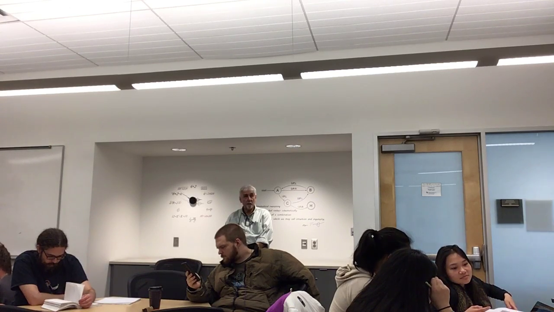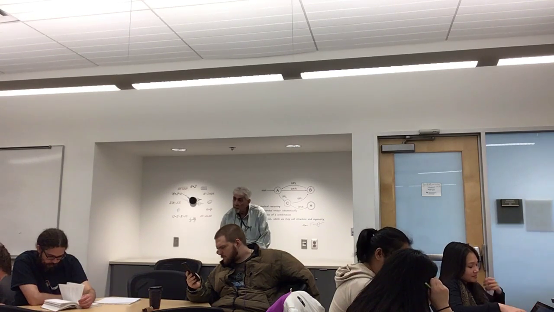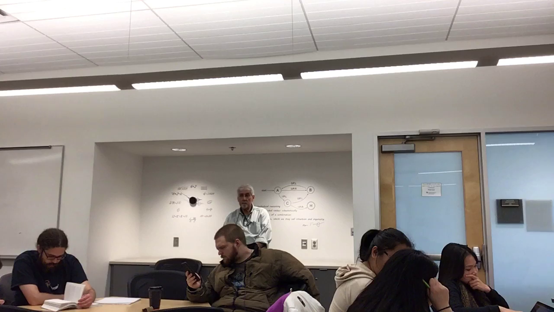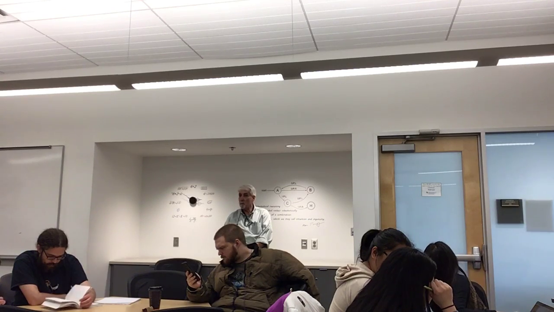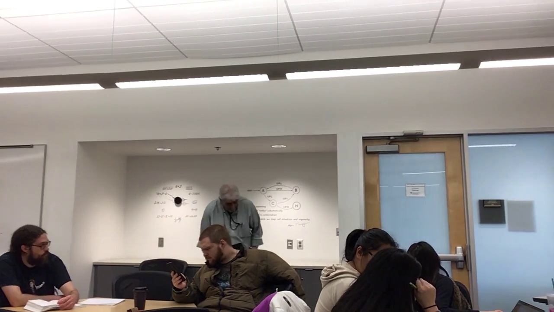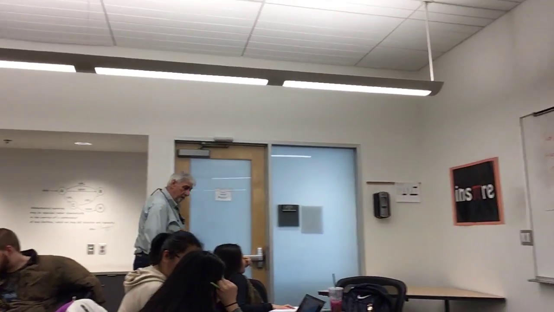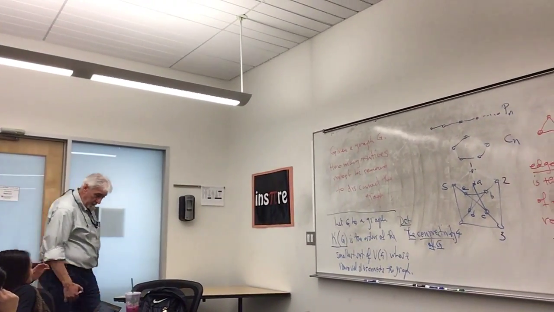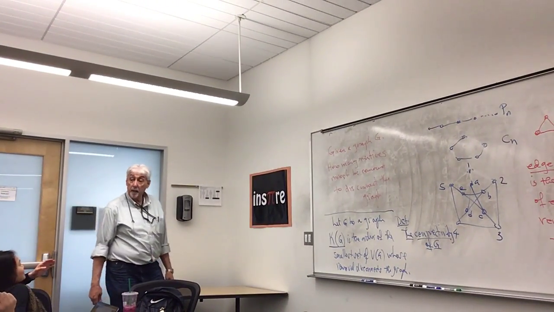Which are the vertices C, D, and U. Yeah, that's what we did. You have this? So it's actually 3, which is less than average.